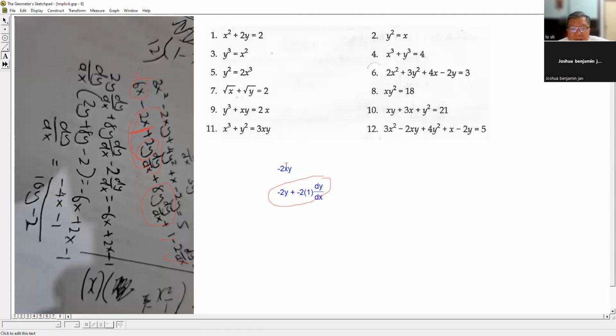You differentiate the x, you get -2, then you keep the y. Now you keep the -2x, sorry. You keep the -2x, then you differentiate the y. It should be like this. You keep the -2x, you differentiate the y, then when you differentiate y, you have to put down dy dx.